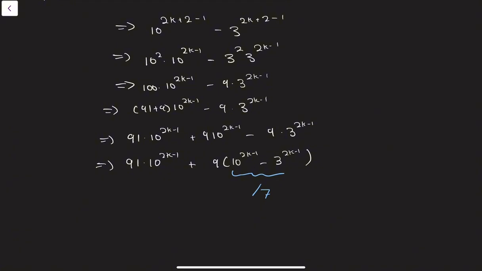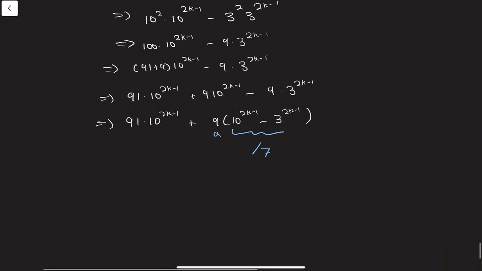And note, if something is divisible by a number, so let's say we have this coefficient being a and this term in brackets being b. If we say that b is divisible by 7 into an integer number, then any integer value of a multiplied by b is also going to be divisible by 7. So this will be divisible by 7, since this is divisible by 7 and multiplied by that coefficient a. So we know that this term right here is divisible by 7.